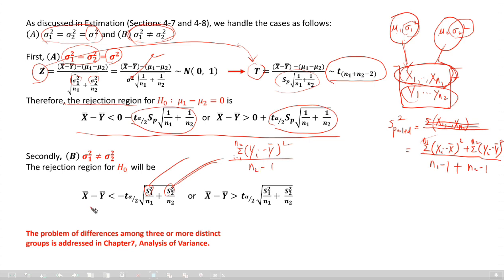In this case, the degrees of freedom for T alpha over 2 come from a very, very complicated formula. I don't remember it. I never try to remember that kind of thing. Even the degrees of freedom will not be an integer value.